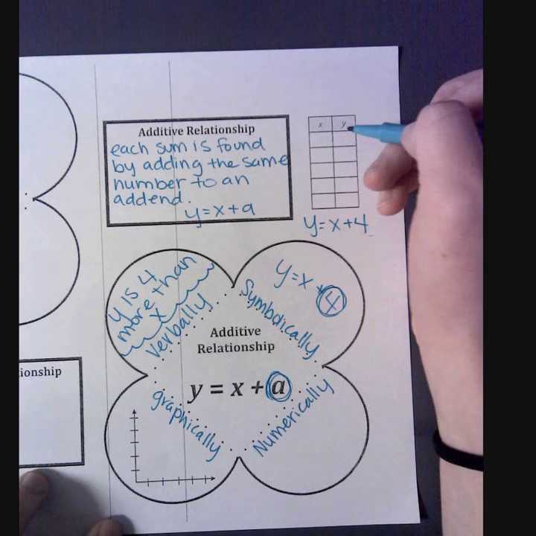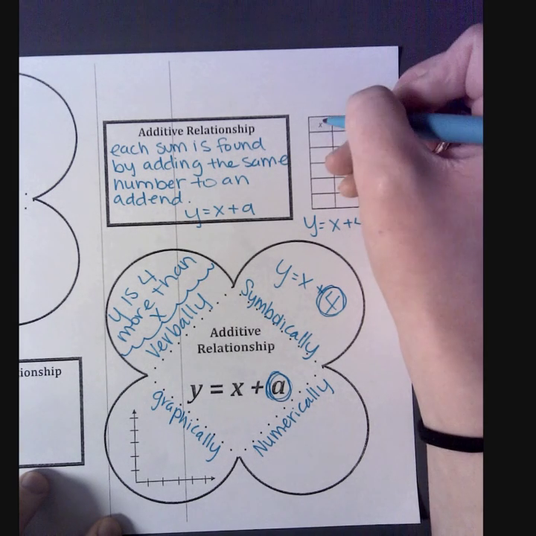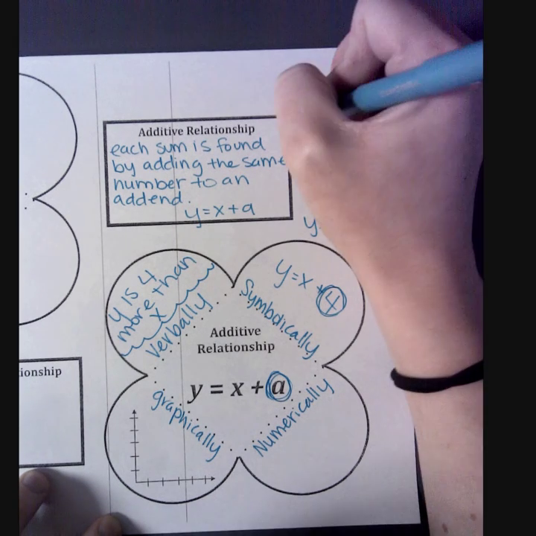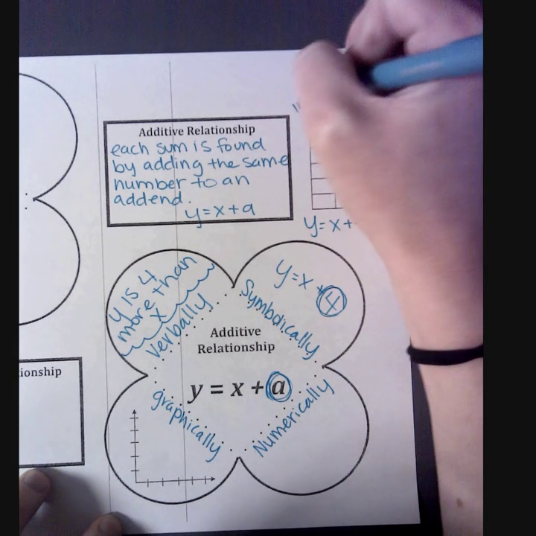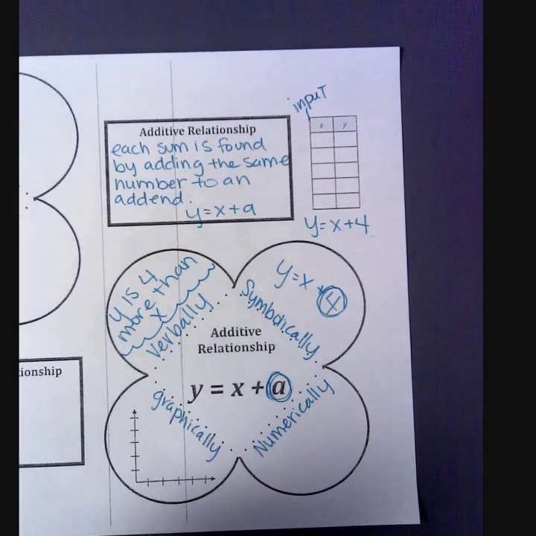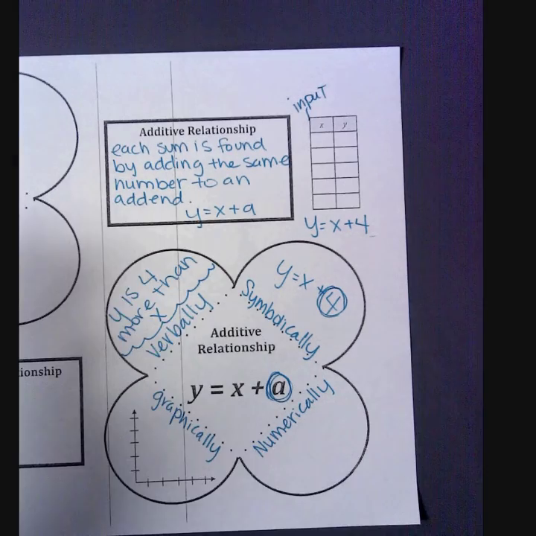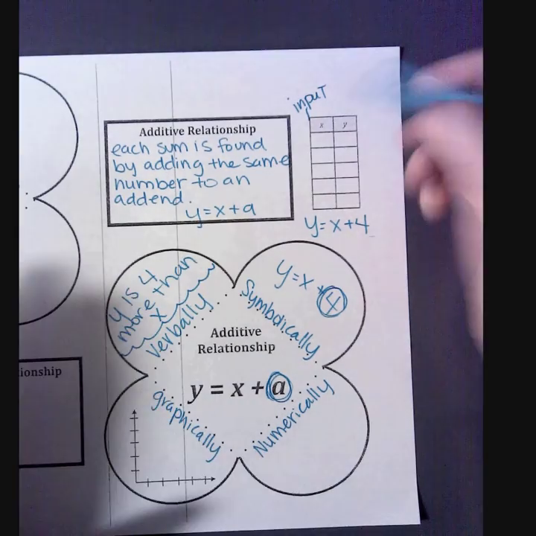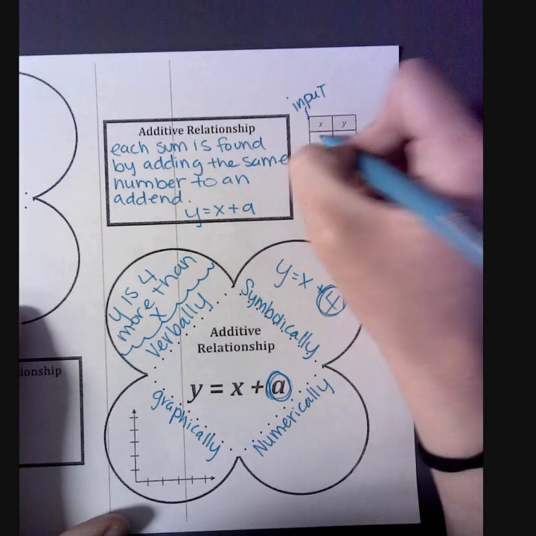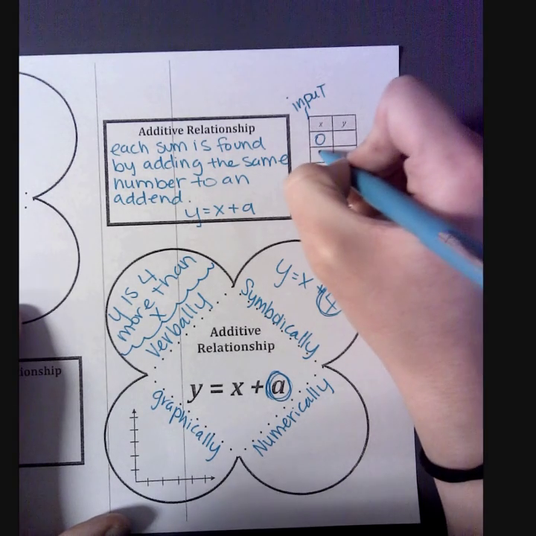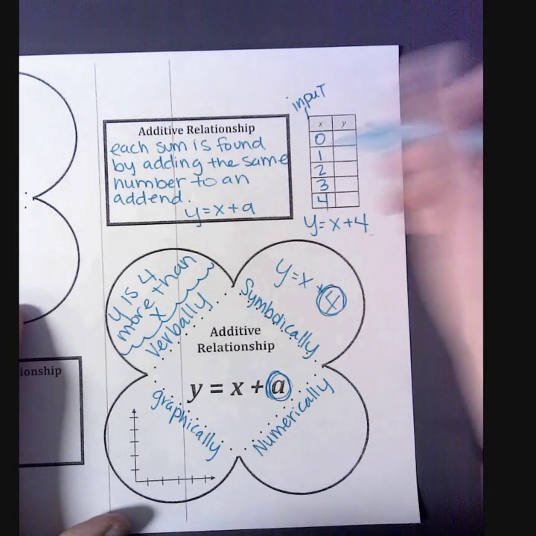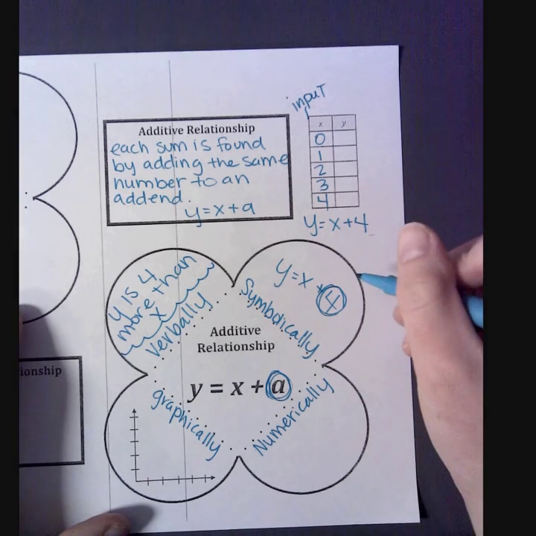Your x values can be anything, because this is our input. When practicing the input-output table, if I tell you any number, you're going to have to give me a number back. It doesn't matter really what number it is whenever it's blank. I can put anything into the machine, and it will give me a number back. So I'm just going to put 0 through 4 to start our examples off.